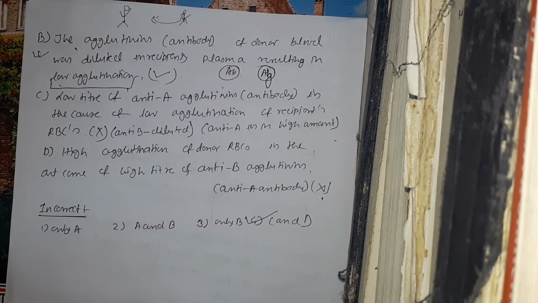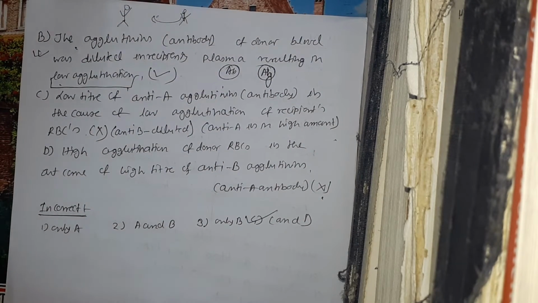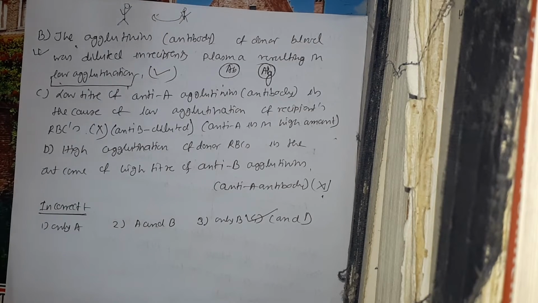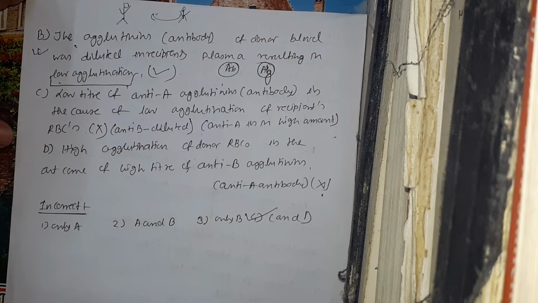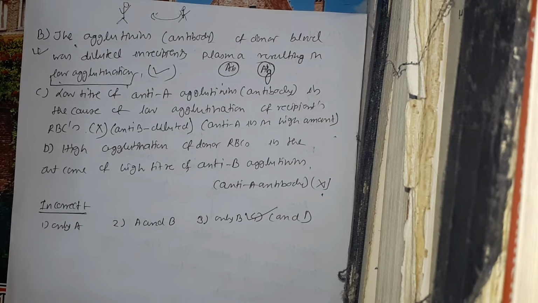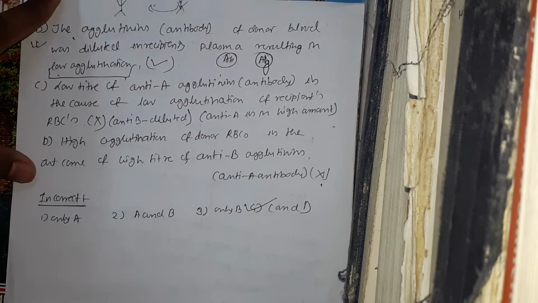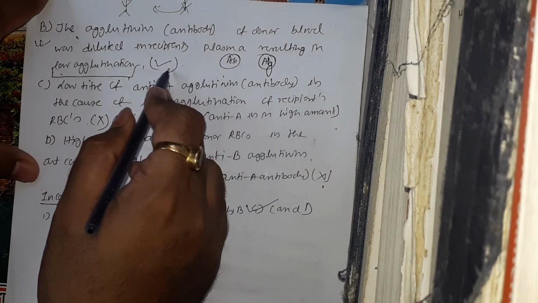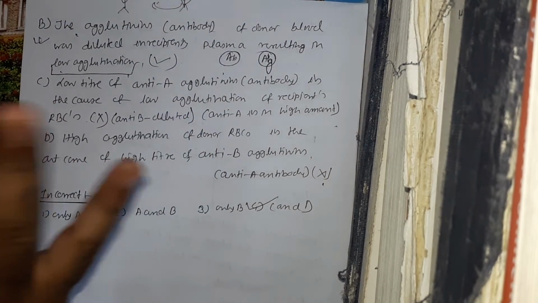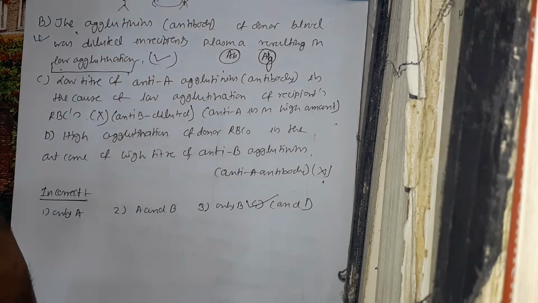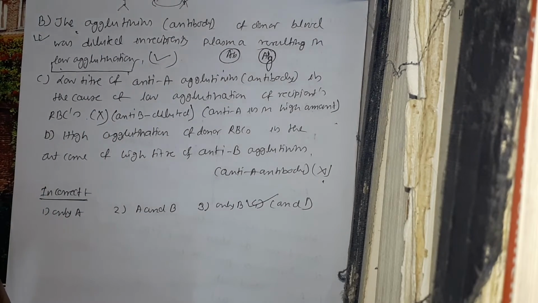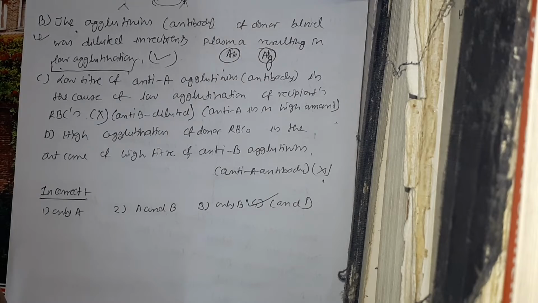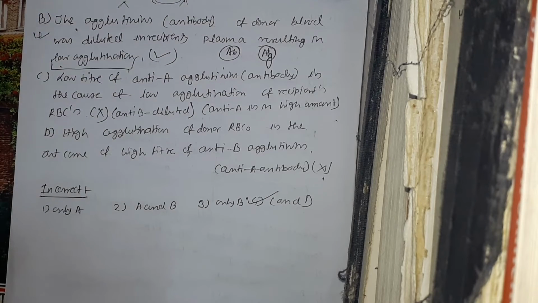So the agglutinins of donor blood being diluted in recipient plasma, resulting in low agglutination, can be a reason, but we are not bothered about that, because we are only focusing on donor's antigen and recipient's antibody. So it is a correct statement, but you don't need to bother about this in many questions. You only need to find out donor antigens and recipient's antibody. That is the whole thing.